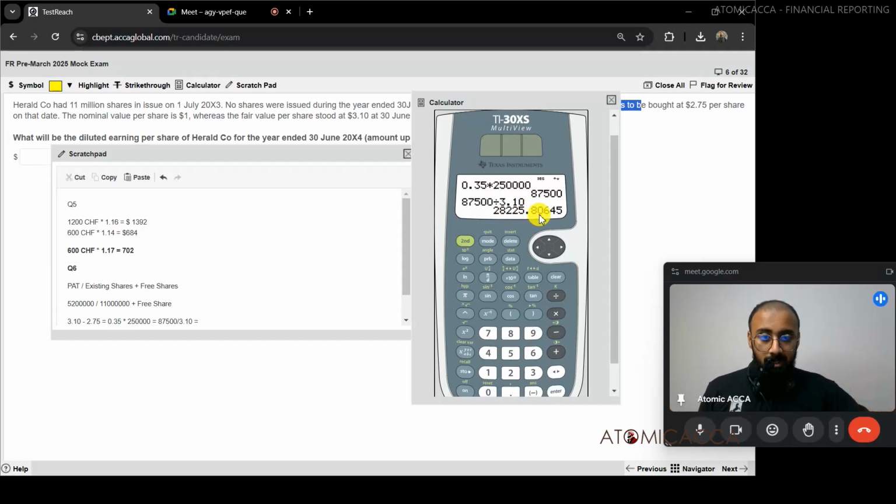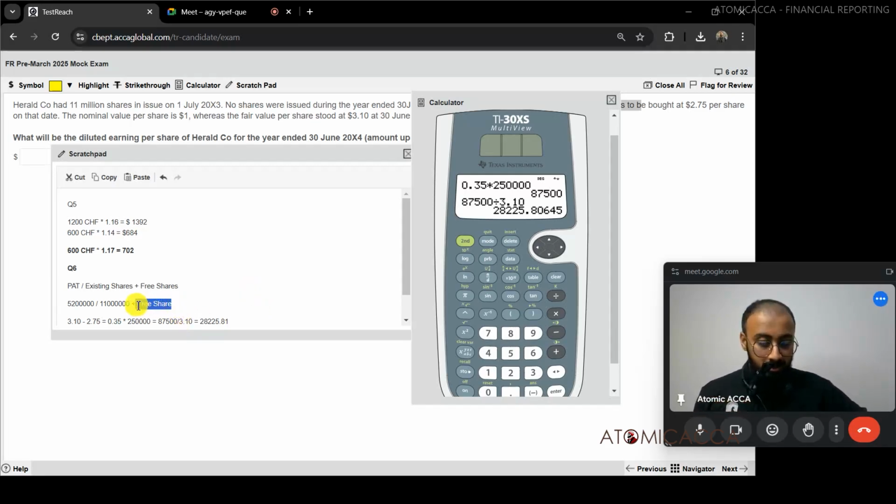This many shares I have to give. Now if I round it off, it will be 28,225.81. So what is this 28,225.81? This is the free shares.